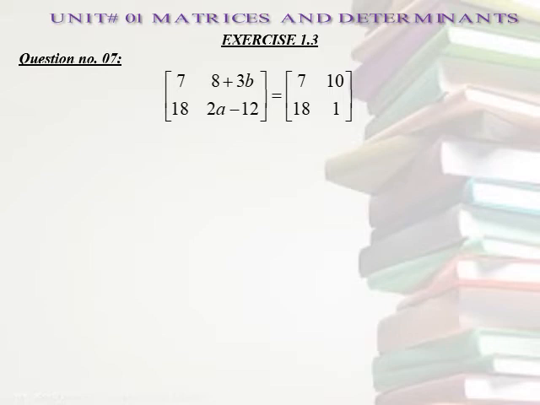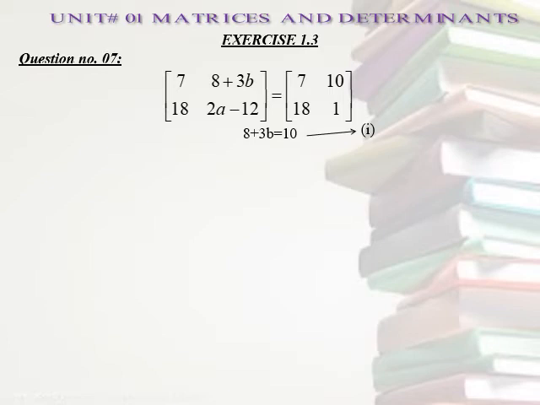The second entry is 8 plus 3b, which is equal to 10, as 10 is second entry of the second matrix. So due to unknown value in it, I'll make it 8 plus 3b is equal to 10 and give it a name, equation 1.